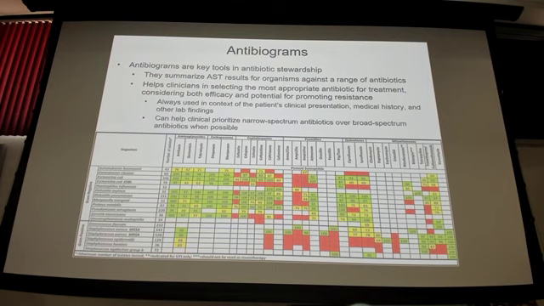Okay. These are nice summary tools that take into account all the AST data that's been generated from the lab for a given section over a given period of time. How this is arranged is we look at all the clinically important, significant isolates that have come through that hospital. Let's say we're talking about Methodist Hospital or BAMSI, even better.